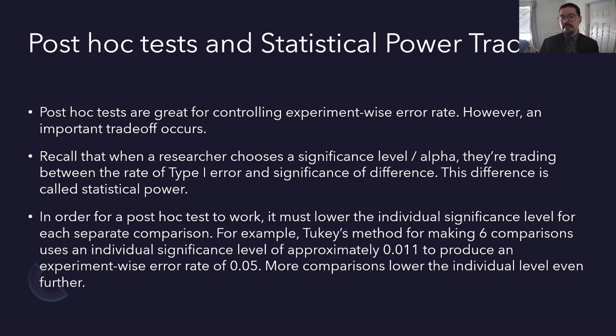The more comparisons you make, the smaller your individual significance level has to drop in order to maintain an overall experiment-wise error rate of 0.05. So we just want to keep that in mind. I'm not asking you to calculate the individual significance. This is just important information for understanding the background of how the post hoc tests function.